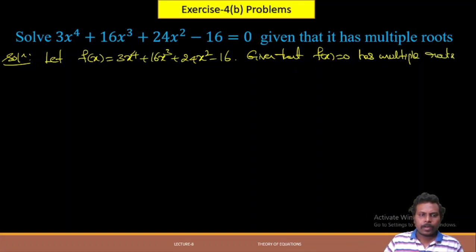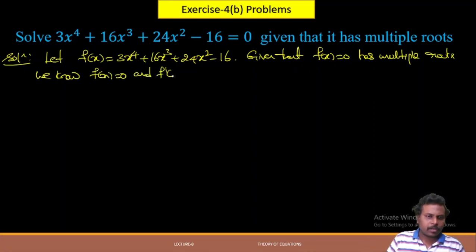Okay, so we know that f of x is equal to 0 and f dash x is equal to 0 have a common root in this case.